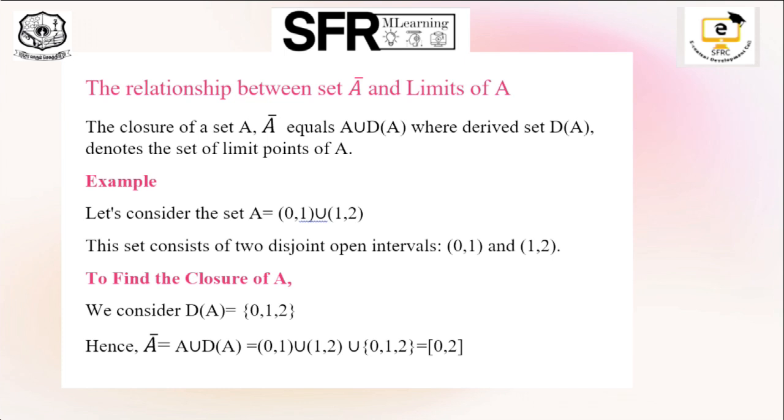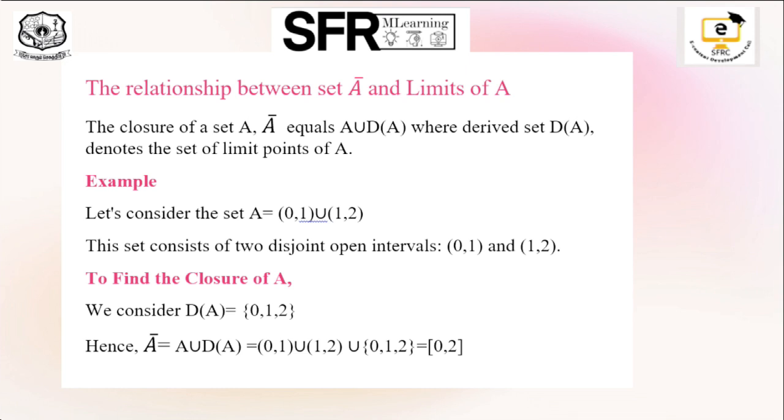For this we consider an example. A is equal to the open interval (0, 1) union the open interval (1, 2). These are two disjoint open intervals. Therefore, the set A is open, and we consider the closure of A. To find the closure of A, first of all we have to decide its limit points.